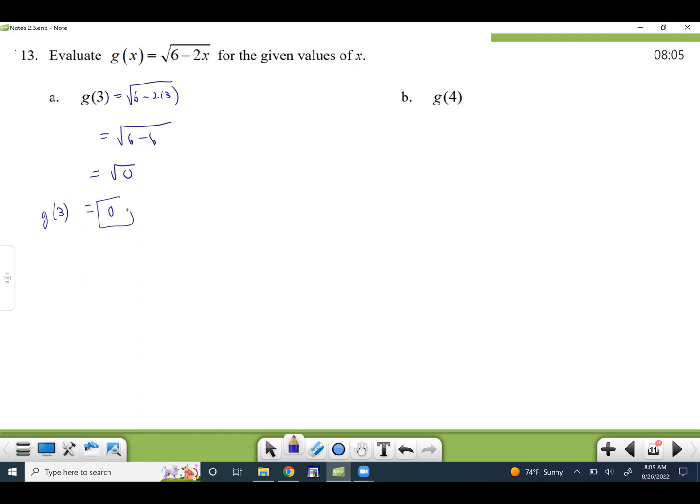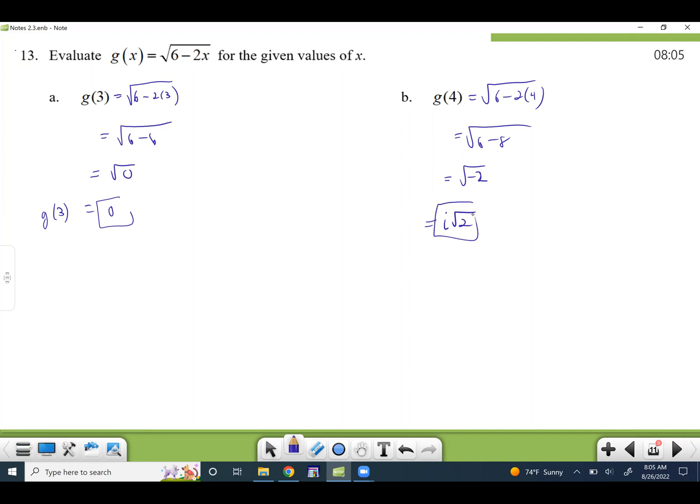Now let's find g of 4. So we're going to substitute 4 in. Now on this one, I can't remember what Connect Math makes you do. I mean, there's a couple acceptable answers. One, you just continue on with this and write it in the following way. Okay, that'd be one way.